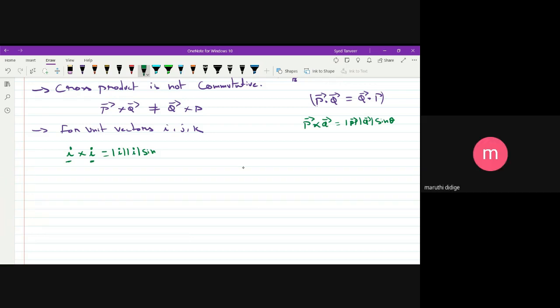Sin theta. How much is theta? The angle between I vector and I vector is zero. So the magnitude of I vector is 1, the magnitude of I vector is 1, into 0 is 0.